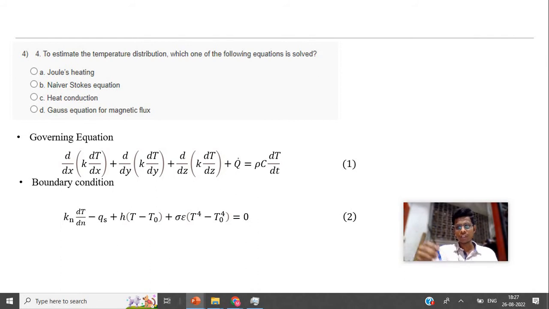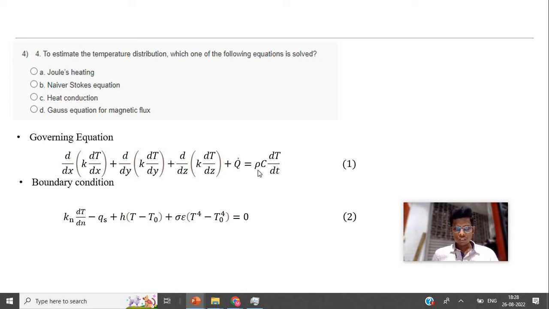That is called Joule heating. But with this we can't determine the temperature distribution. We will use the three-dimensional transient heat conduction equation given by equation 1, which you would have studied in thermodynamics or heat and mass transfer. Basically, this is a three-dimensional transient heat conduction equation.